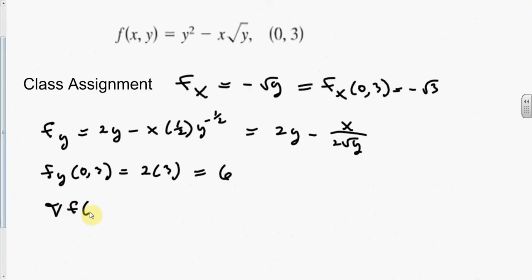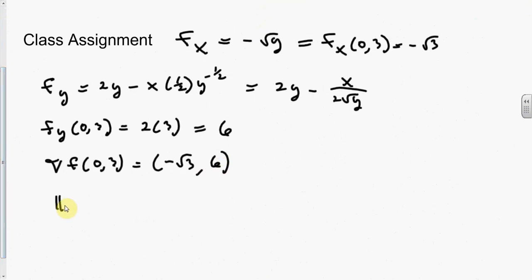So the gradient of f at the point 0, 3 is negative square root of 3, 6. And then this maximum value is the norm of the gradient.